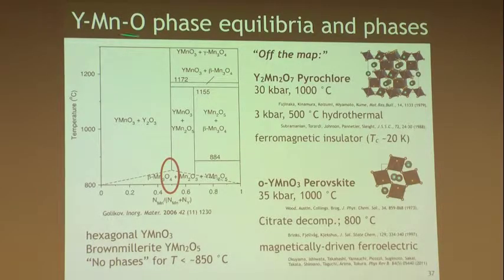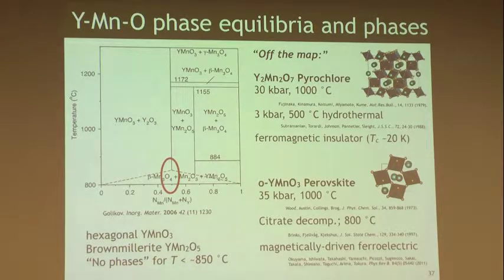So if we take the yttrium manganese oxide phase equilibria and look at all the different phases that exist, here is a phase diagram from 2006, yttrium poor, yttrium rich. Below about 850 degrees Celsius, it says there are no ternaries other than a little bit of YMn2O5 of this brownmillerite phase creeping in.